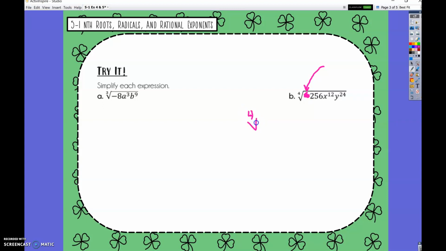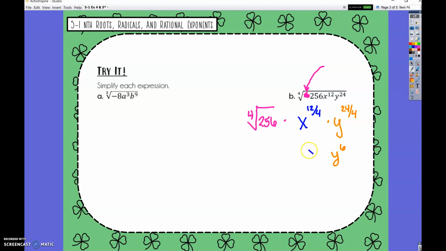I want the 4th root of 256 times, I have x as a variable in my radicand, so I'm going to write x to the 12th, the power's on top, over the index, or the 4th root, times y to the 24th over 4. Now these are nice and reducible, so I will have y to the 6th here.